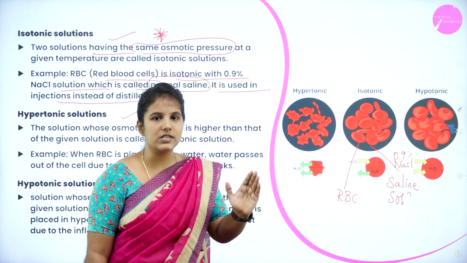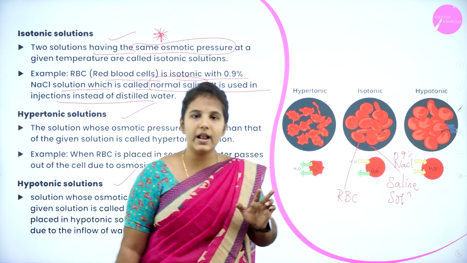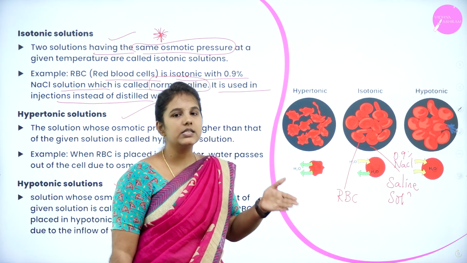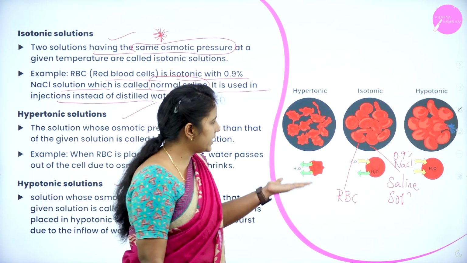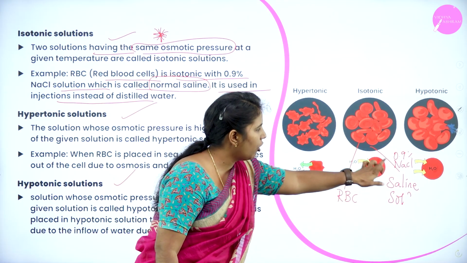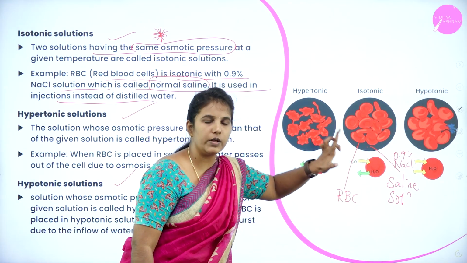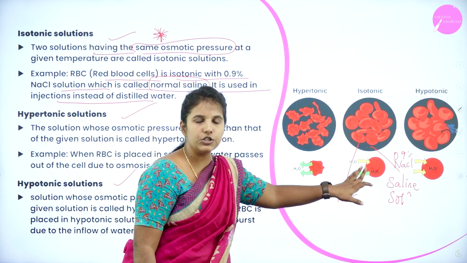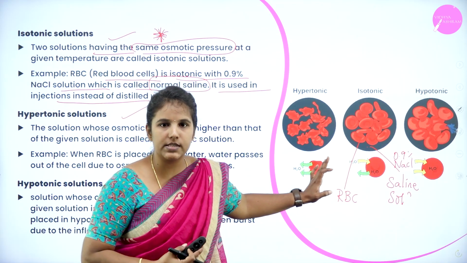Remember, isotonic solutions are two solutions which have equal osmotic pressure. The best example is if you keep red blood cells in a normal 0.9% sodium chloride solution, that is nothing but a saline solution. In this solution, there will be no osmosis. Why not?